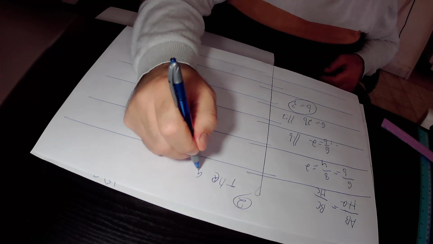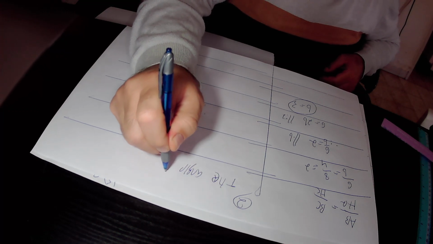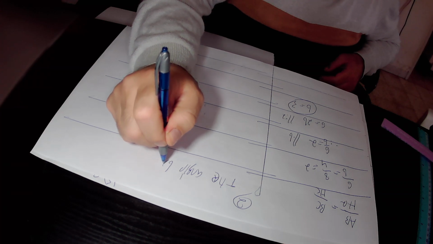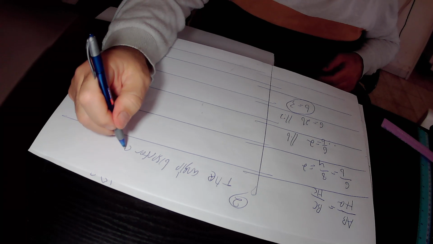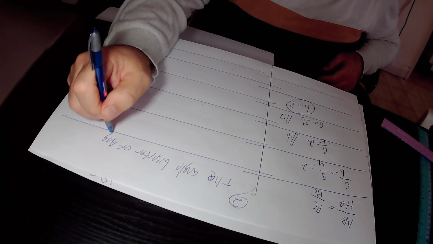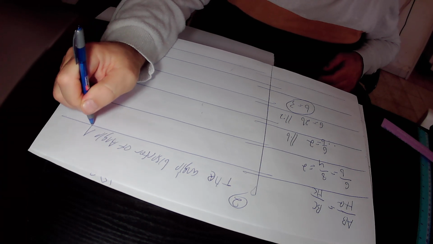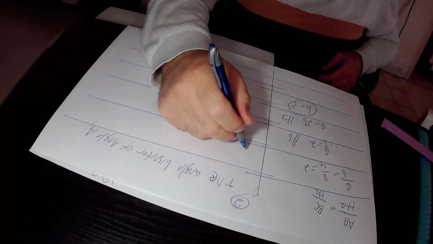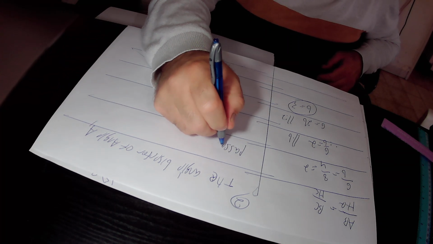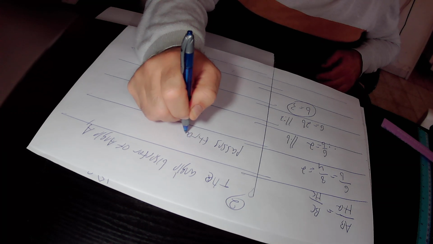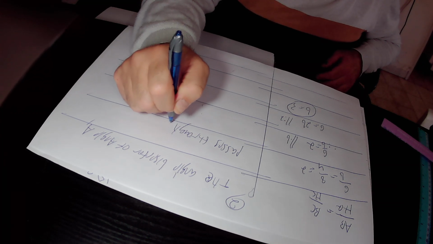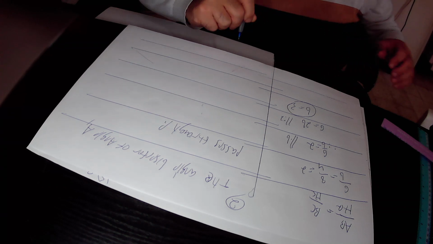The angle bisector of angle A passes through point P, that is the center of the small circle.